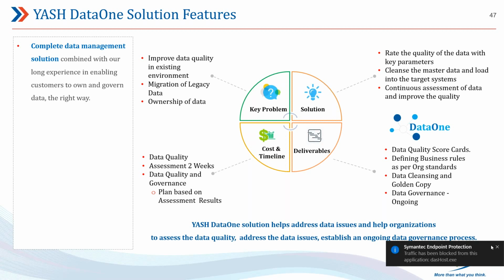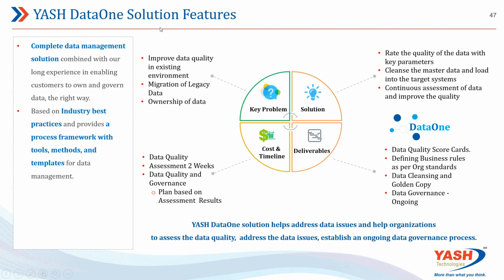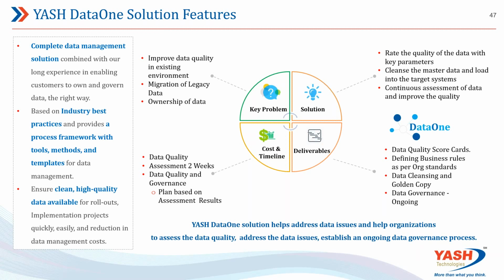So to summarize, DataOne is a complete data management solution with our experience and best practices. It's based on industry best practices, and it's a method fine-tuned over years to ensure that the process is done on time and returns good value. And finally, the objective is always to make clean, high quality data available, which can improve your organization's critical decision-making and give you the assurance that the data is correct when decisions are made.